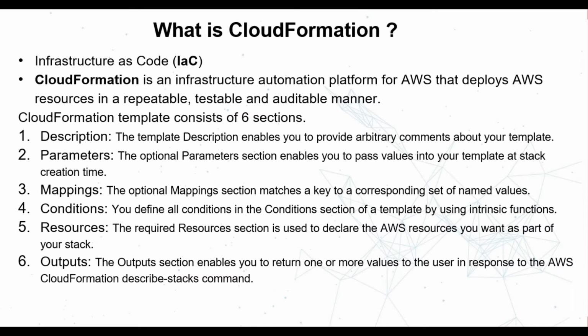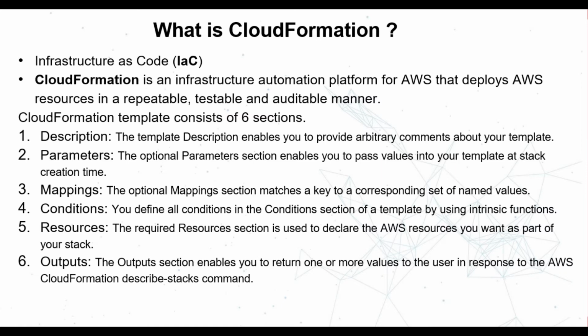Within the template, you can use intrinsic functions like !Ref, we will see it later, to specify those parameter values in the properties section of the CloudFormation stack. For example, you can pass parameters in the AWS CLI, that is the command line interface, or you can type the values in the AWS console while creating an EC2 instance.